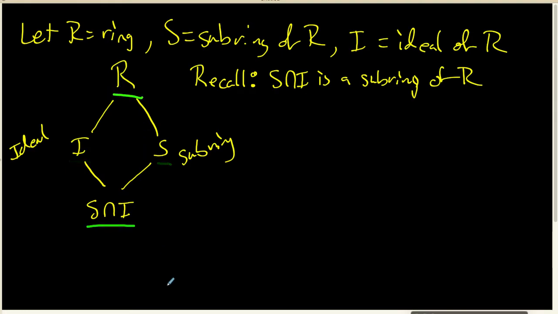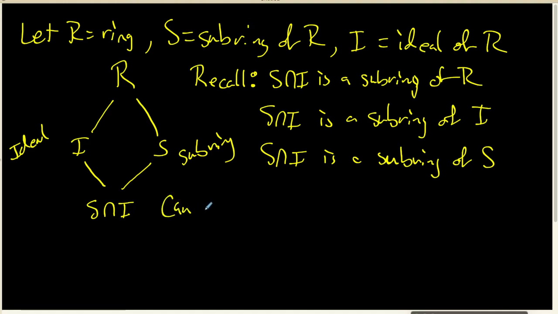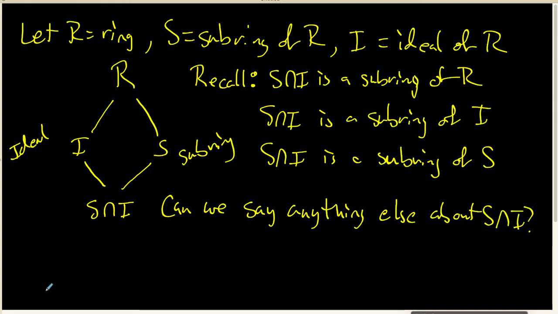They all use the ring operations for R. And since S intersect I is a subset of I, and S intersect I is a subset of S, and they're all rings, we also know that S intersect I is a subring of the ideal I, and S intersect I is a subring of the subring S. And in this particular video, I want to ask the question, can we say anything else about S intersect I? And in order to investigate that, I want to redraw the picture.